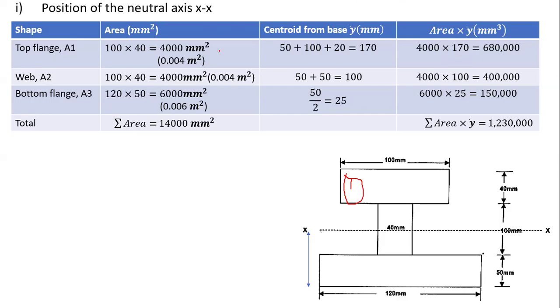Then we proceed now, the web A2. What we are calling web is this thing in the middle here, which is connecting the two. This is our 2. For area 2, you can already see that the length here is 100.